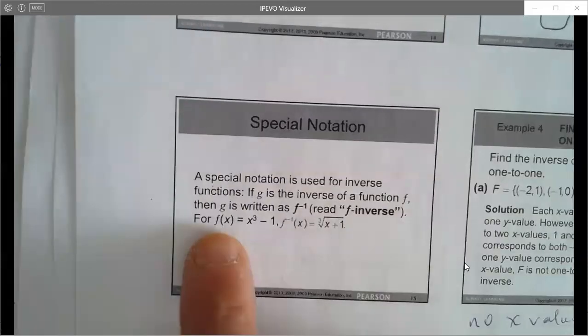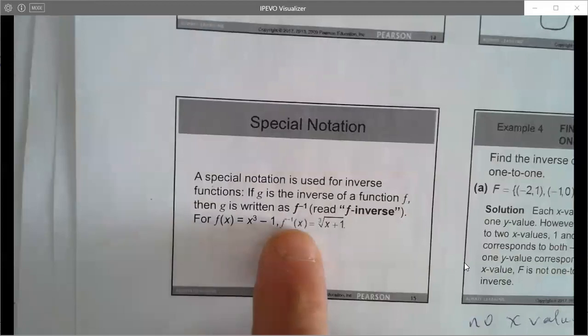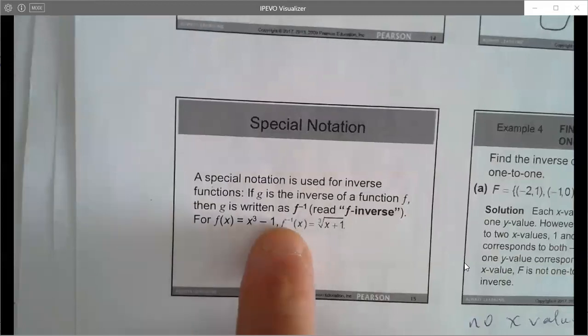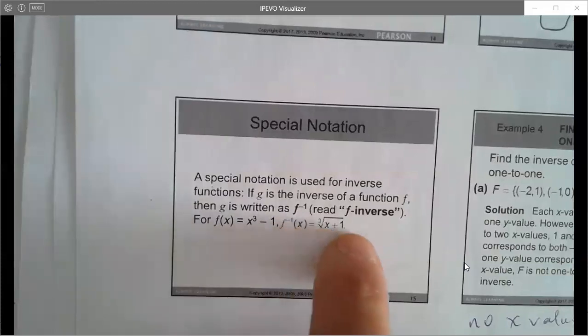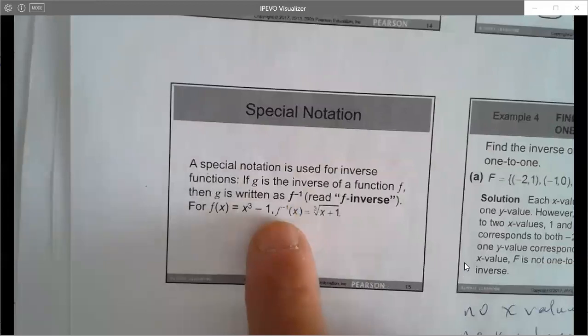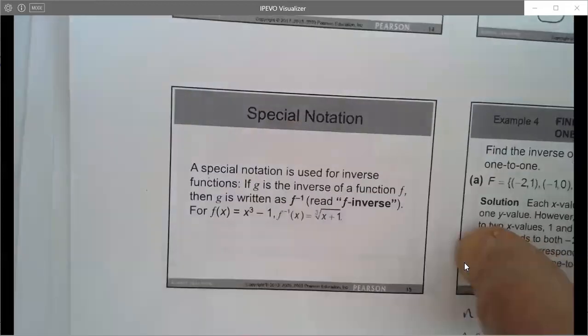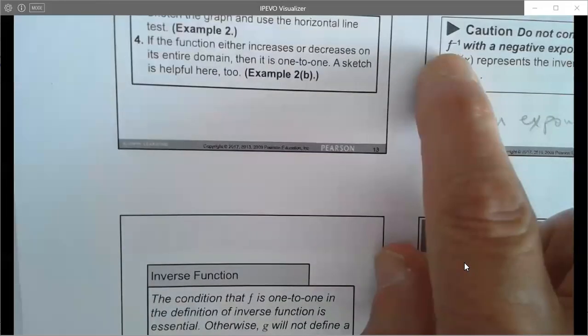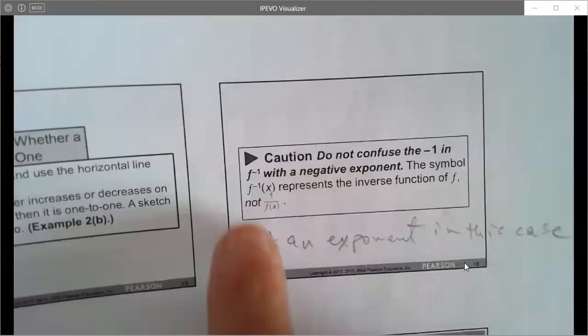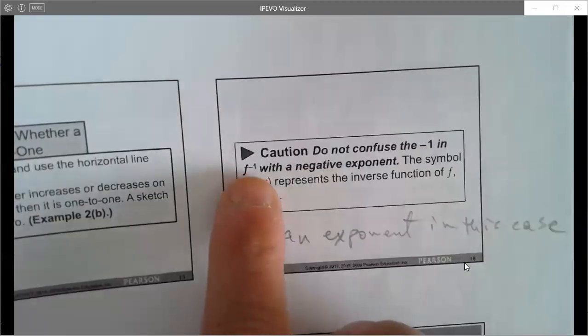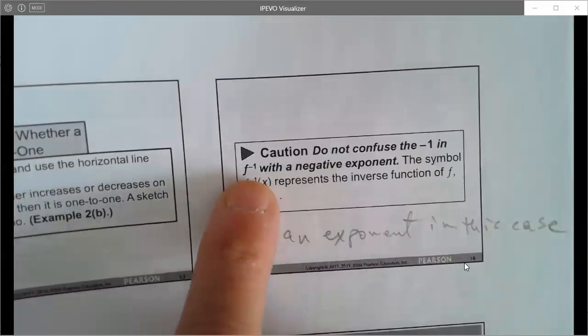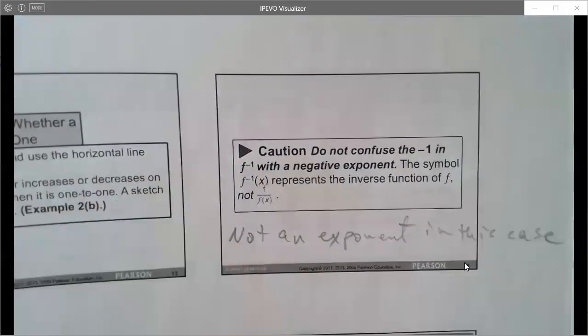Like this one here, for f of x equal to x cubed minus 1, the inverse function is the cube root of x plus 1. So that would be the notation for inverse function. This -1 here is not considered an exponent. Okay. All right.